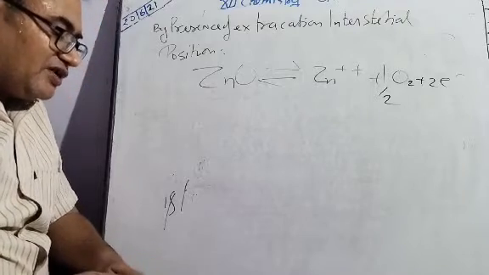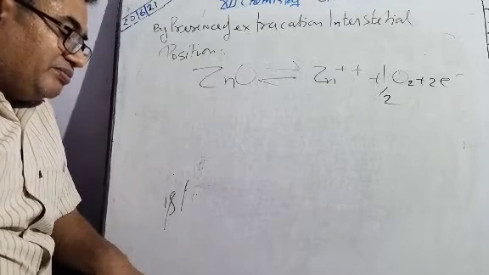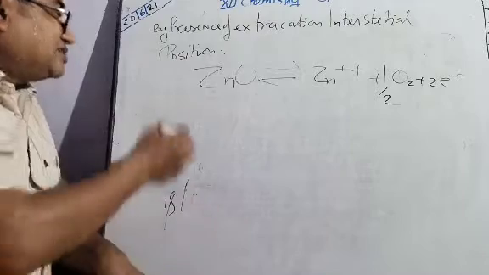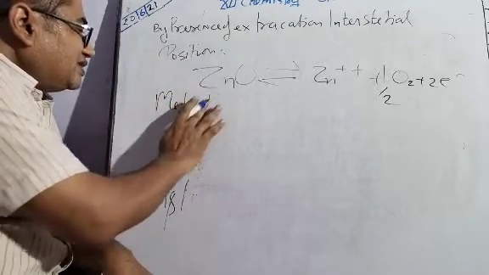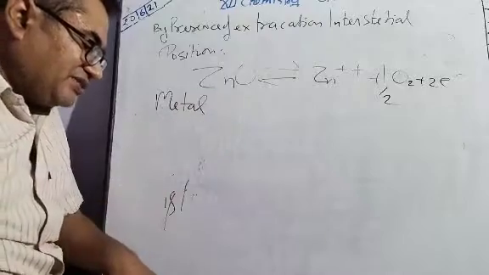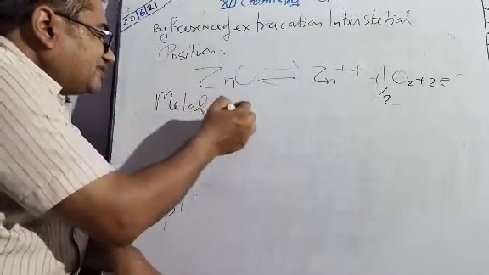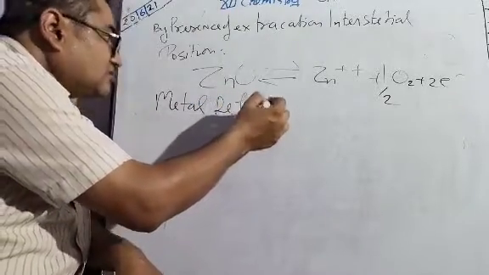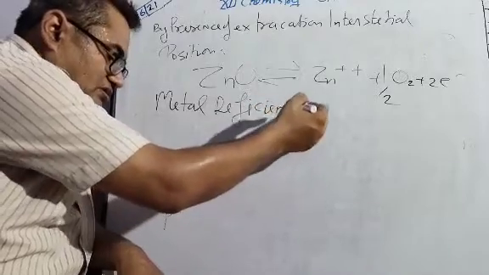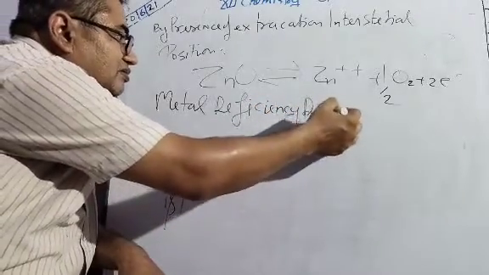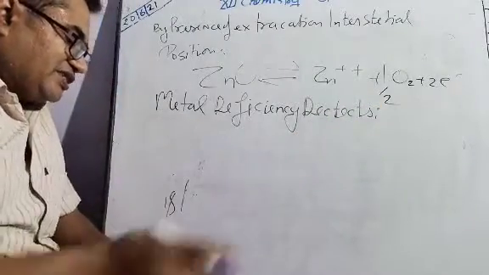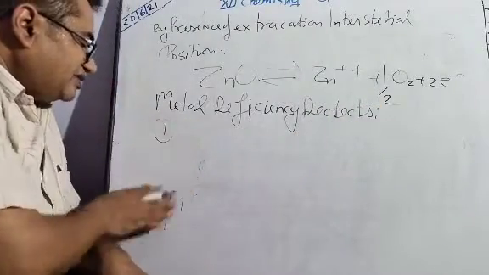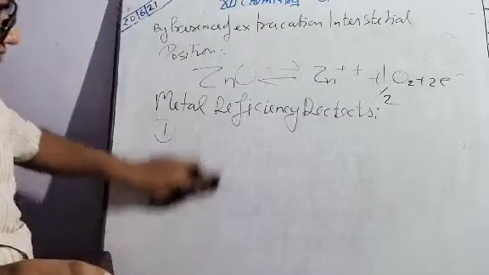Now the other kind of defect is the metal deficiency defect. Okay, this is the metal deficiency defect. First one is cation vacancy.